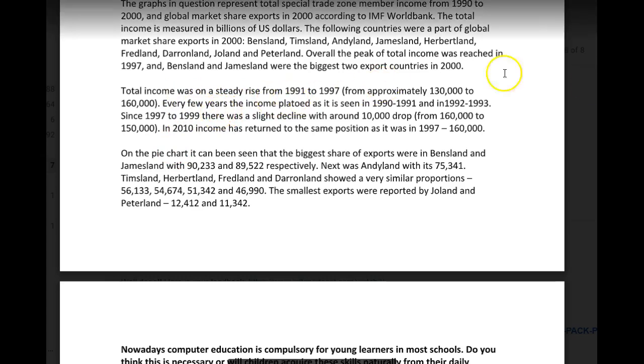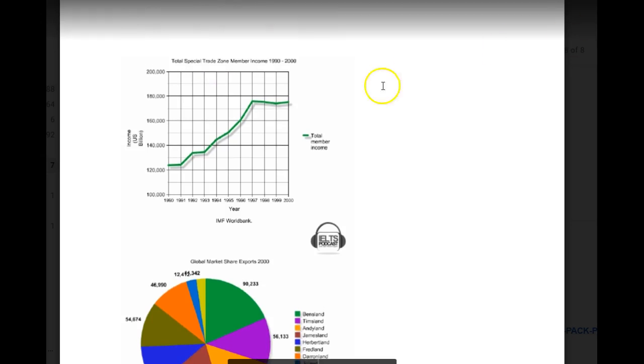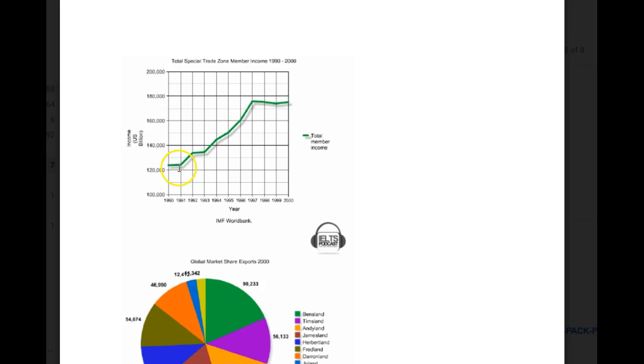I would have started with 1990, okay, and I would have said that this marked a plateau for 2 years, followed by a sudden rise and an additional plateau, and then from there you have a really, I guess you could call it a dramatic rise, couldn't you?